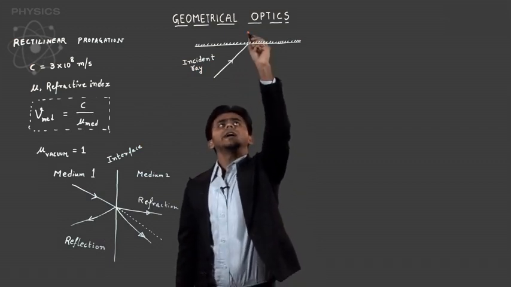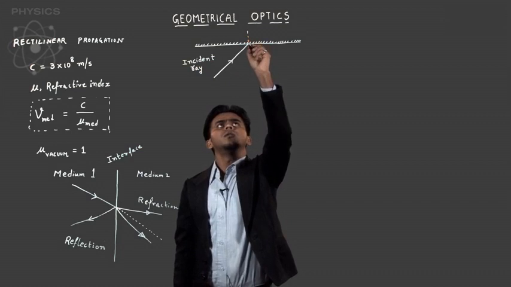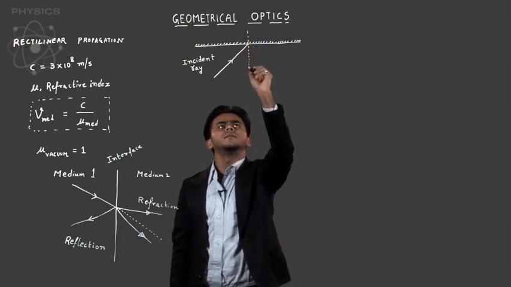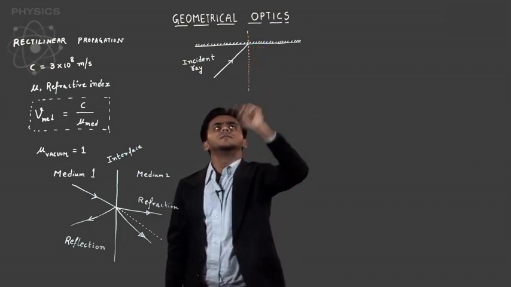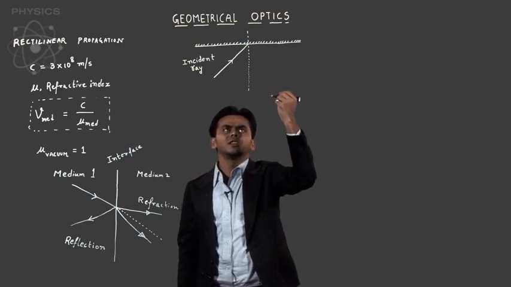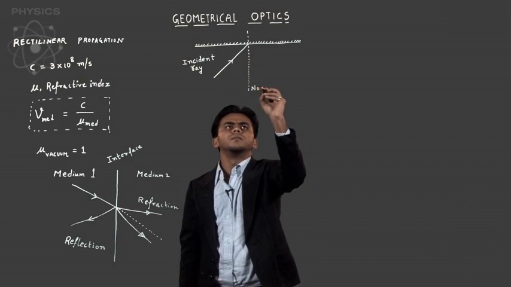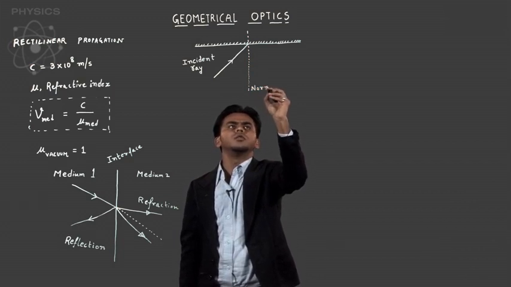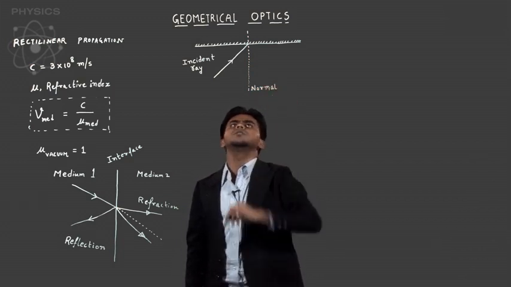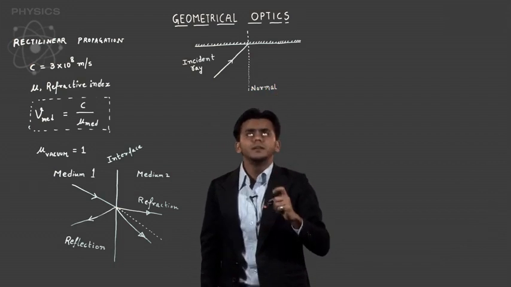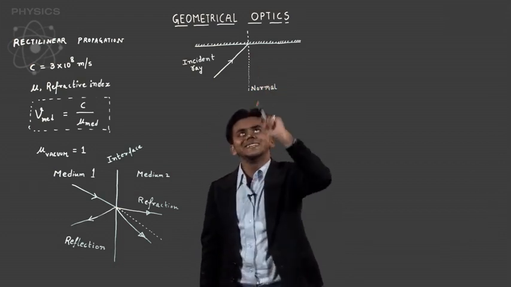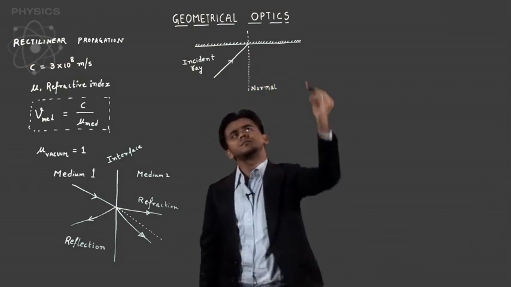I can also draw a new line over here. This is known as the normal, and it is perpendicular to the interface or the mirror at the point where the ray of light intersects the mirror.